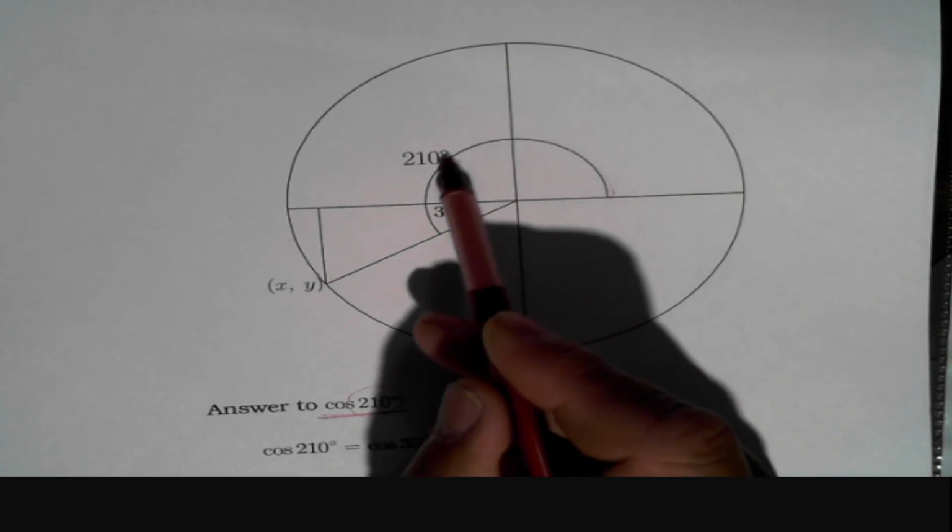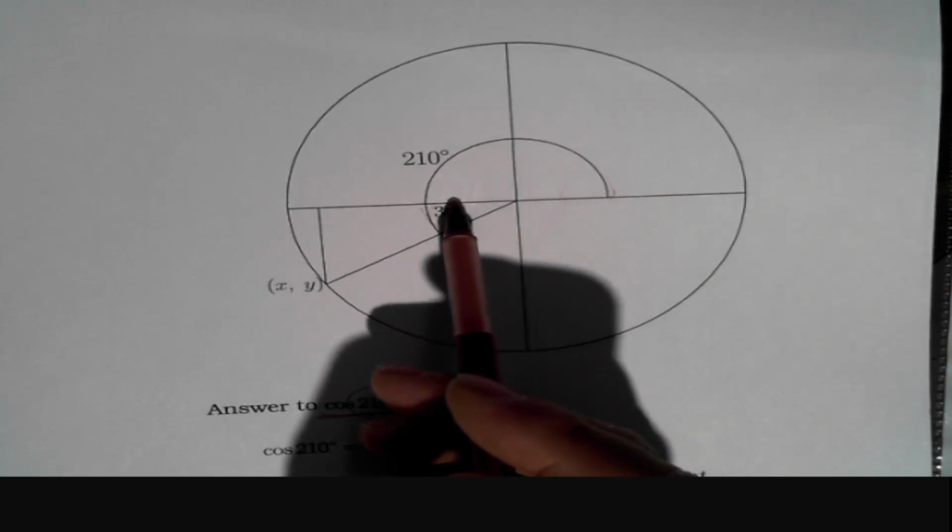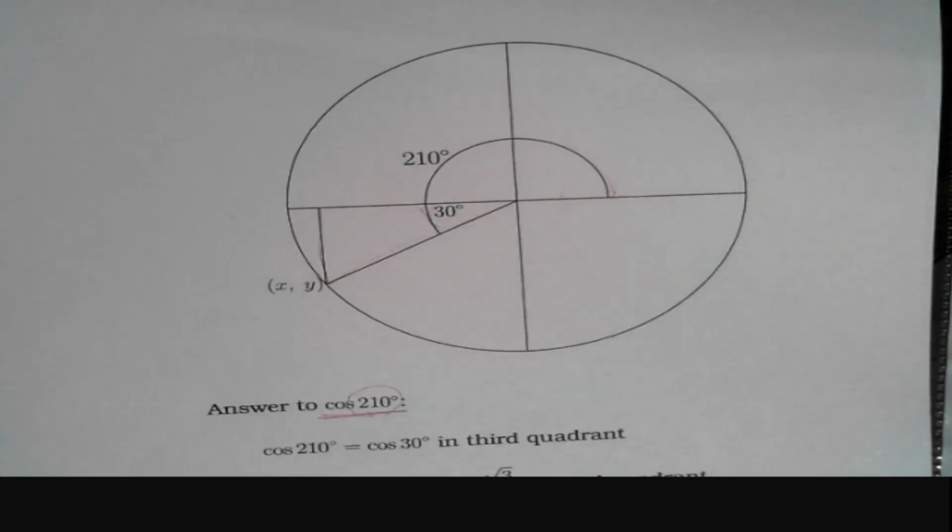Starting from here, you got 210 degree, and then you figure out between the x-axis and hypotenuse how many degrees. Obviously 30 here, because one straight line is 180, and 180 plus 30 makes 210. Then we have a triangle here in the third quadrant with the angle between the x-axis and hypotenuse being 30 degree.